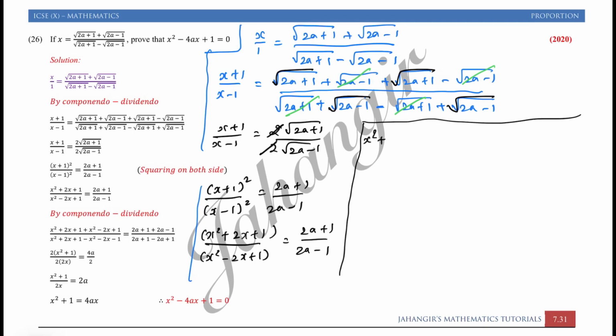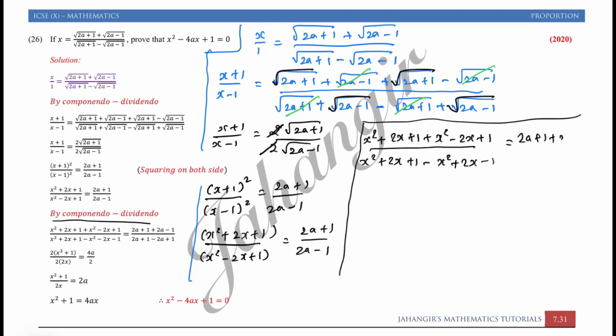By componendo dividendo, you have to write x square plus 2x plus 1 plus x square minus 2x plus 1 all upon x square plus 2x plus 1 minus x square, minus sign will change, is equal to 2a plus 1 plus 2a minus 1 upon 2a plus 1 minus 2a plus 1.